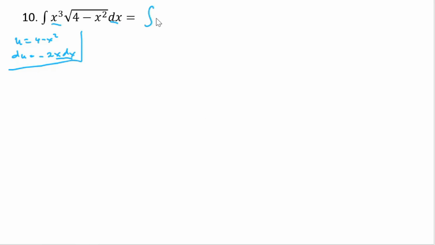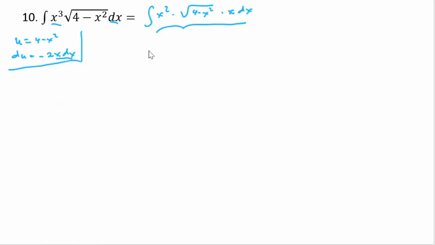So that can be now x squared times the square root of 4 minus x squared times the remaining factor of x cubed, which will be x dx. Okay, so from this given, we are now going to find the value of u dv.